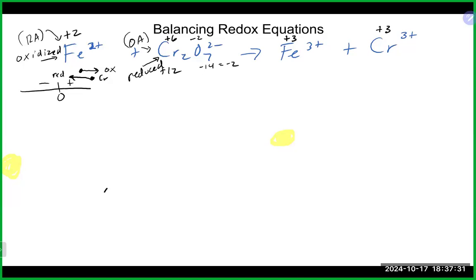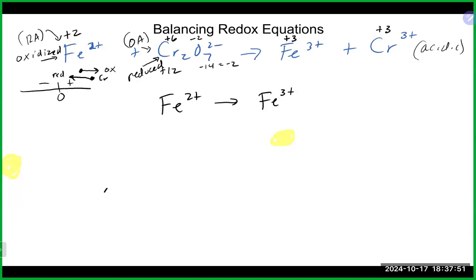All right, now that we know what's happening here, the first thing we want to do is split this reaction into its two half reactions. By the way, we're going to balance this in acidic conditions, right? So the way you do that is you take the two elements that are basically the same on opposite sides. I have an iron on the left and an iron on the right, so that is one half reaction.